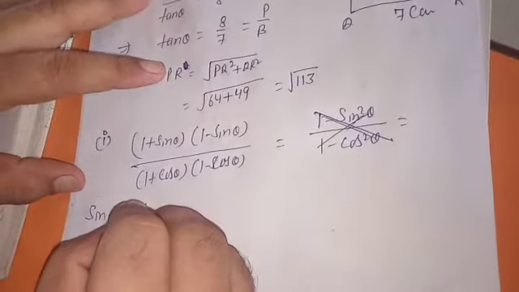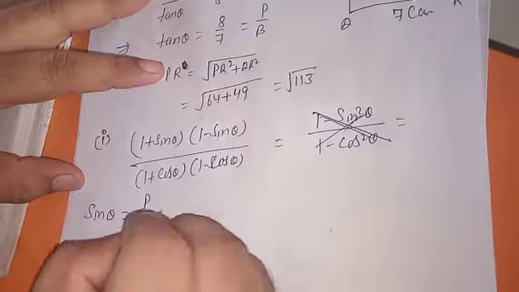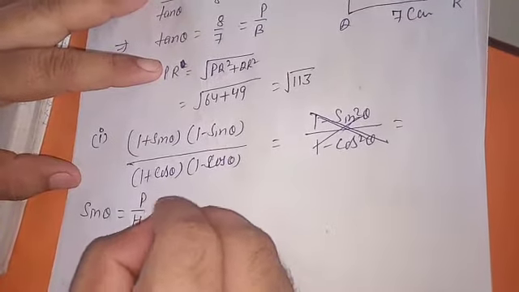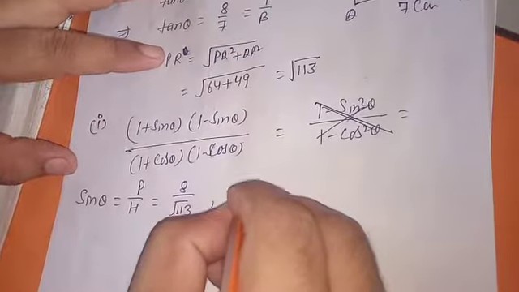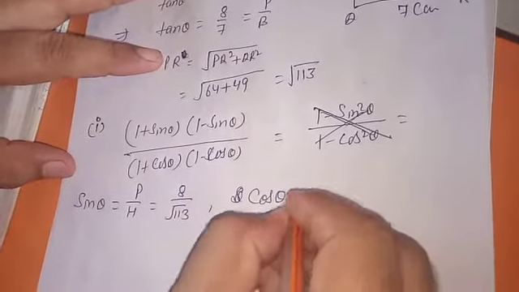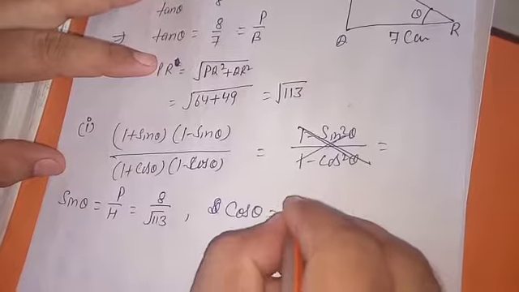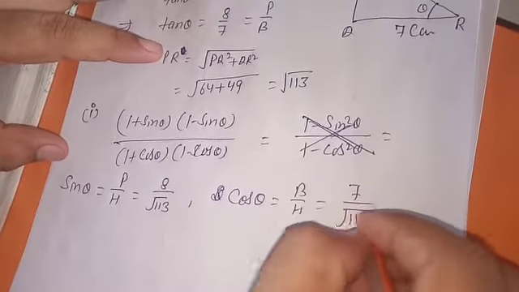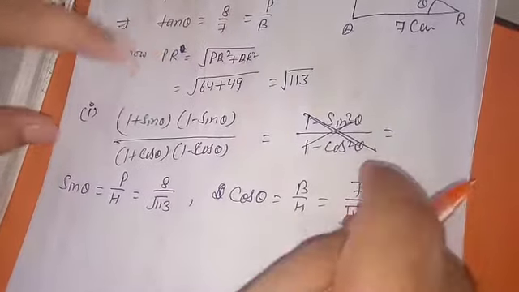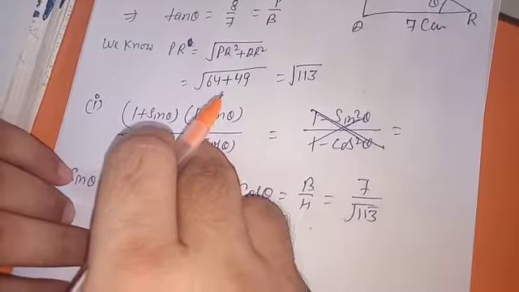Sin theta is equal to perpendicular by hypotenuse. Perpendicular is 8, so 8 by under root 113. Similarly, cos theta is base by hypotenuse, which is 7 by under root 113. Put these values here and solve.